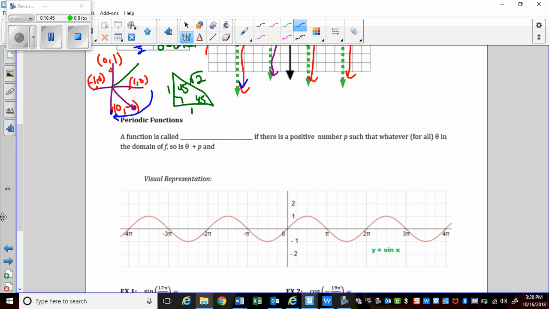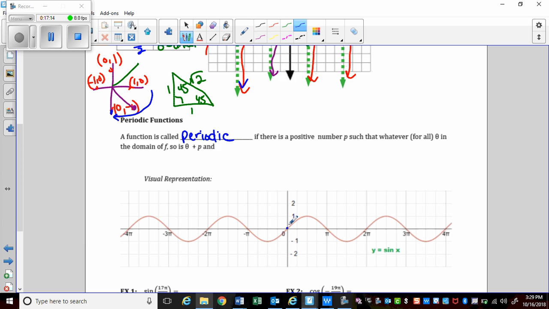Okay, a periodic function is a function. A function is called periodic if there's a positive number p such that for all theta in the domain of f, so is theta plus p. It's just going to repeat. Sine repeats. So we talked about sine already.